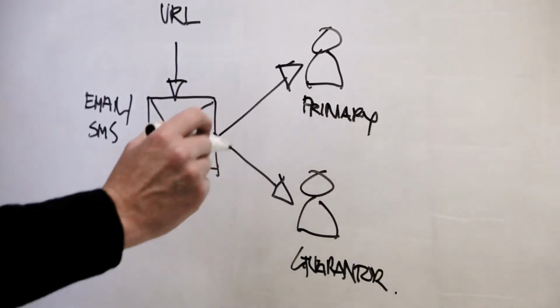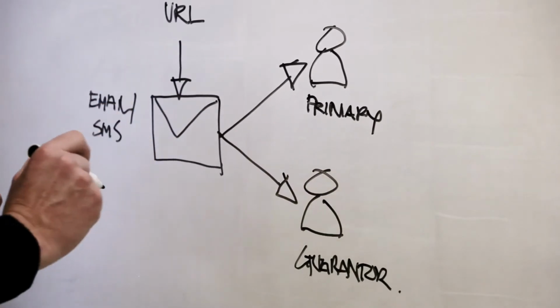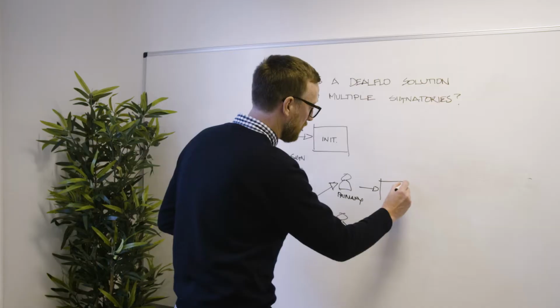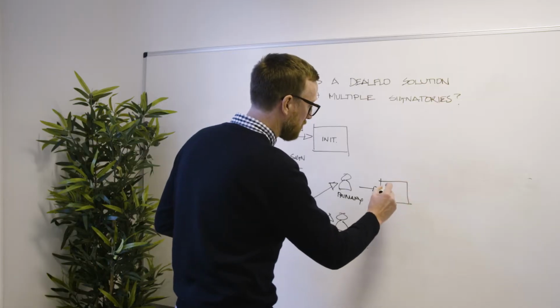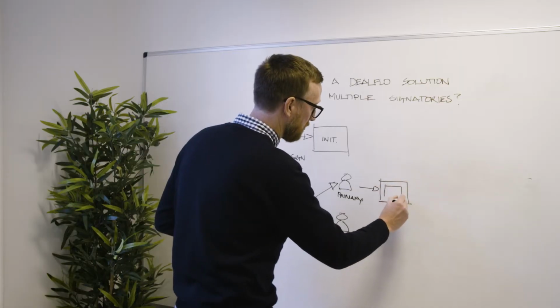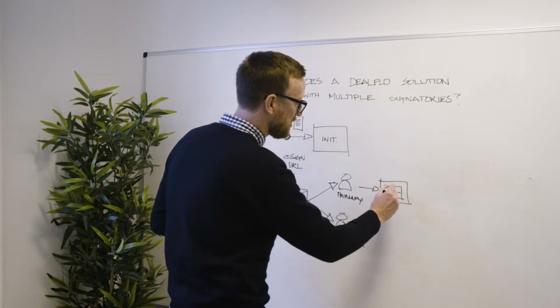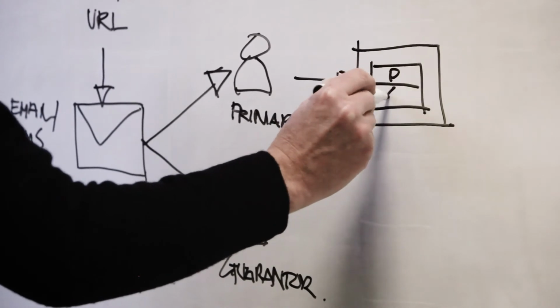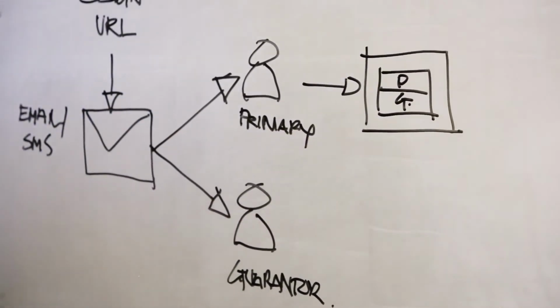So if the primary customer clicks on the URL embedded in their email, that launches their signing ceremony, which would be welcome and asking them to select themselves from a list of signatories. So you will see primary and guarantor listed here, their names.